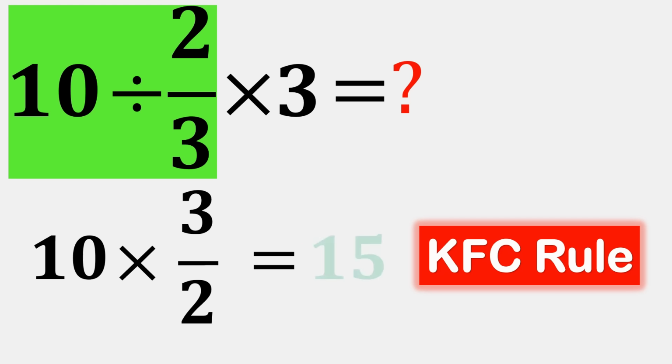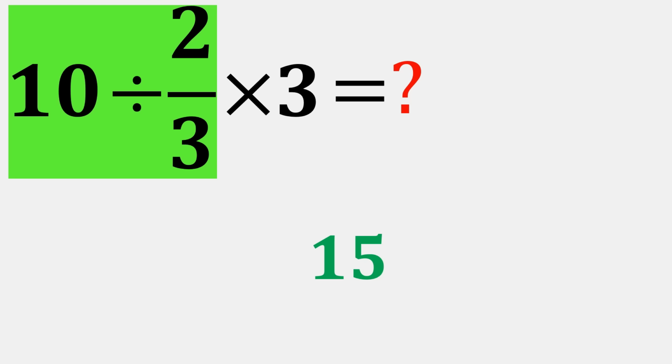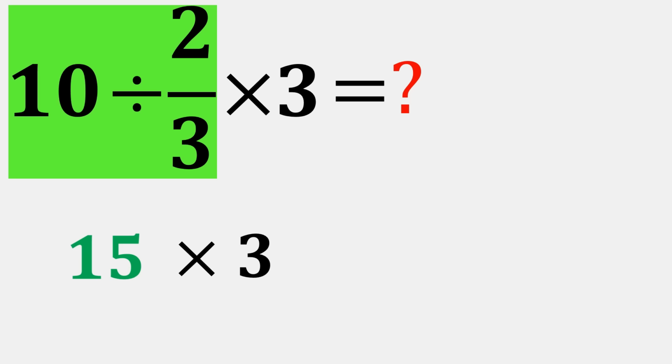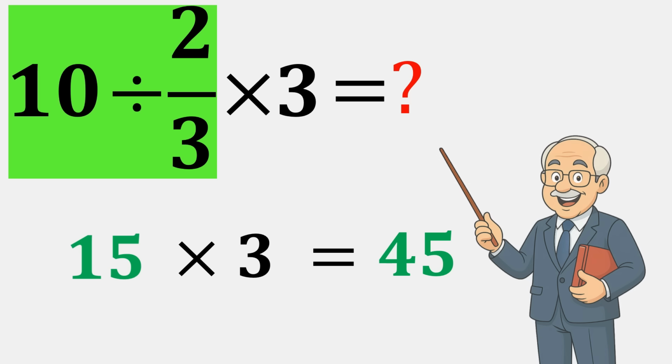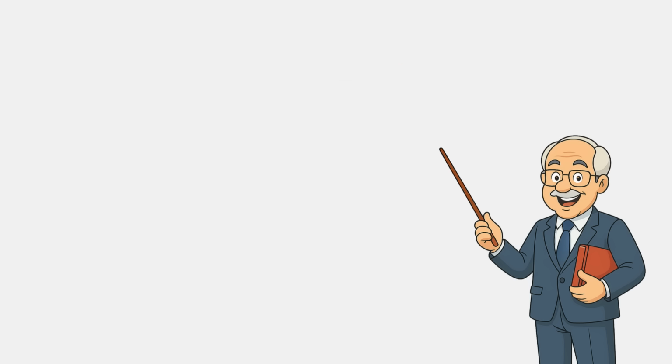Finally, 30 divided by 2 equals 15. Now, the final part of our original expression is 15 times 3, and the answer is 45. See? Using the math rules correctly can take you from the wrong answer of 5 to the correct answer of 45. All you have to do is follow these rules.